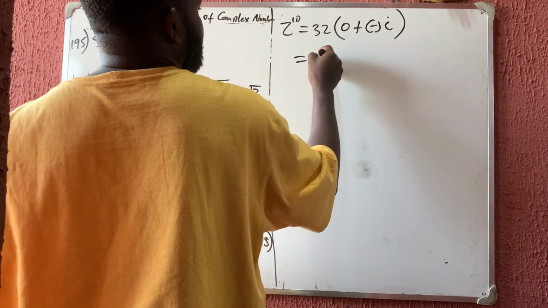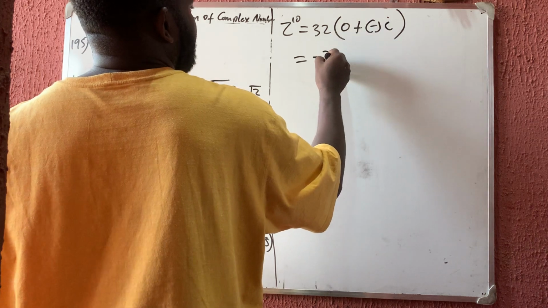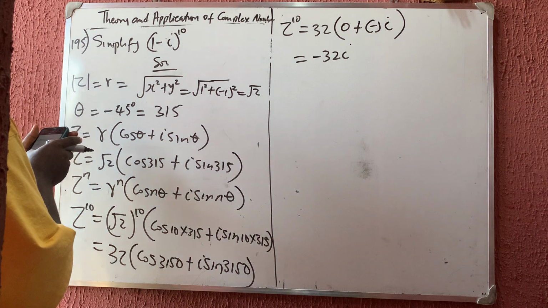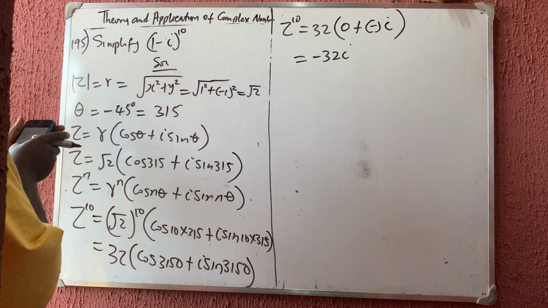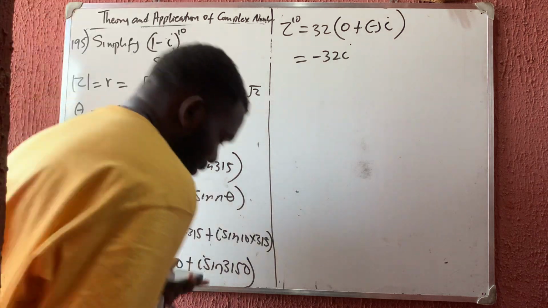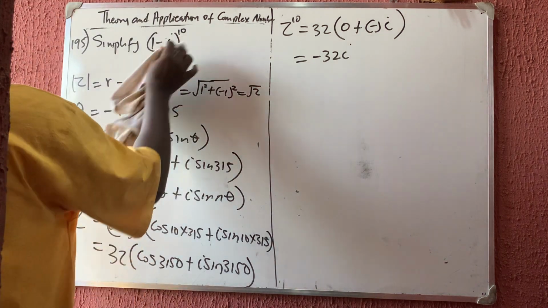Which is what? This will give you minus 32i. Minus 32i is very correct. So question number 195, minus 32i. Okay, so we move to the next question.